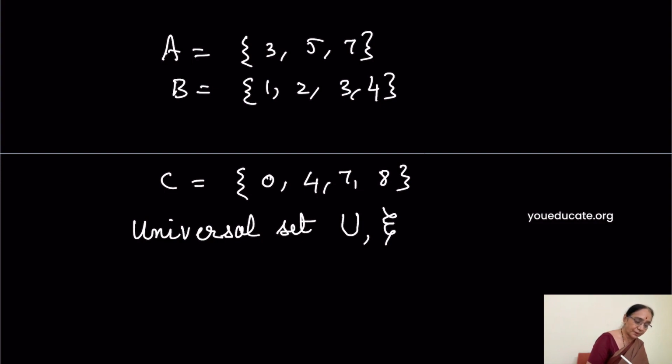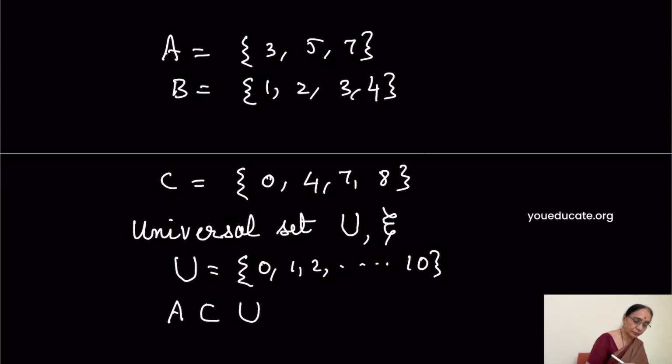Now I'm going to define the universal set as 0, 1, 2, etc. up to 10. Now you can see that A is a subset of U, B is a subset of U, and C is also a subset of U.